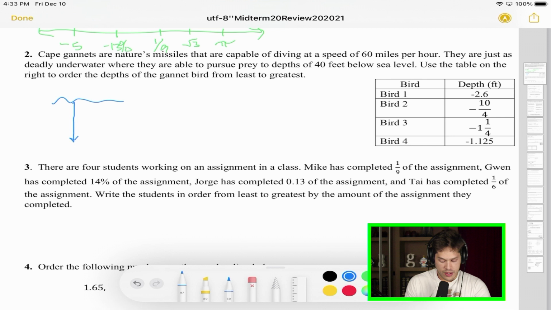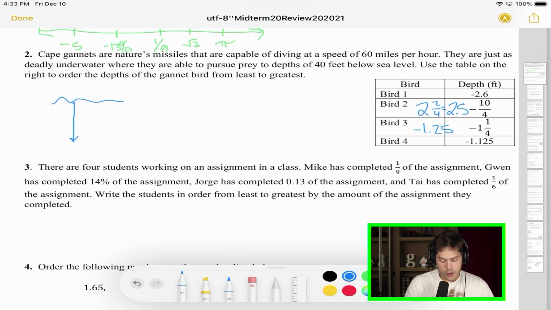Okay, so these are all negatives. Let's change them to decimals. Negative 10/4, well, that's going to be 2 and 2/4, which is 2 and 1/2, or 2.5. And then we have negative 1 1/4, which is negative 1.25, if we put it as a decimal.